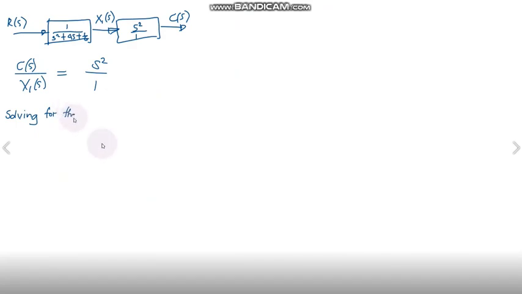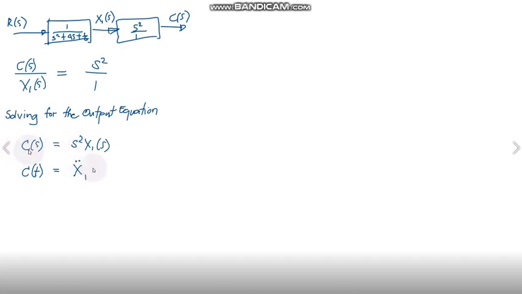Now if we're going to solve the second part, which is this one, s squared over 1. So taking the transfer function of this second part will be C(s) over X1(s) because it is s squared over 1. So cross multiplying C(s) times 1 and then X1(s) times s squared. So we're going to have this. And after that, taking again the inverse Laplace of this.